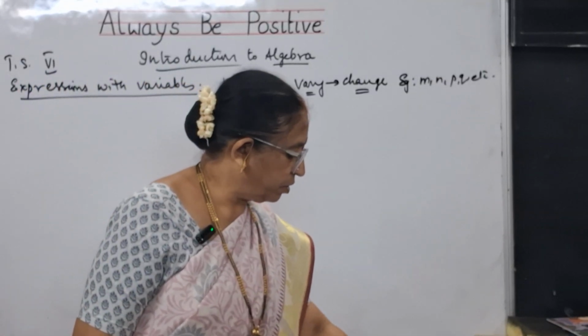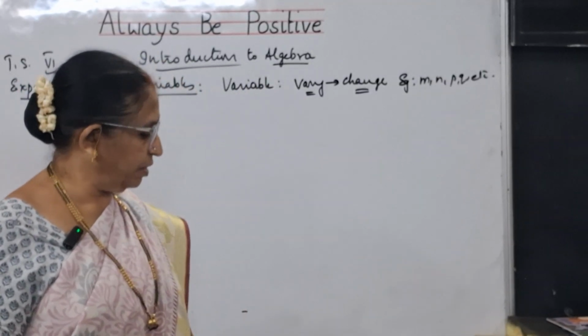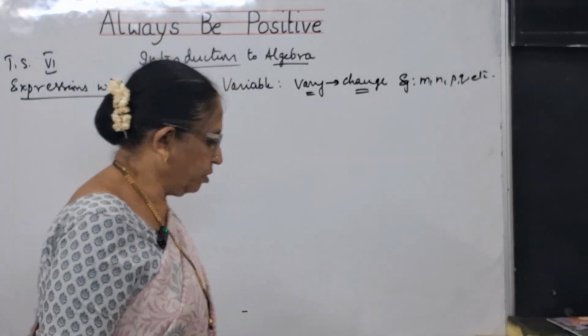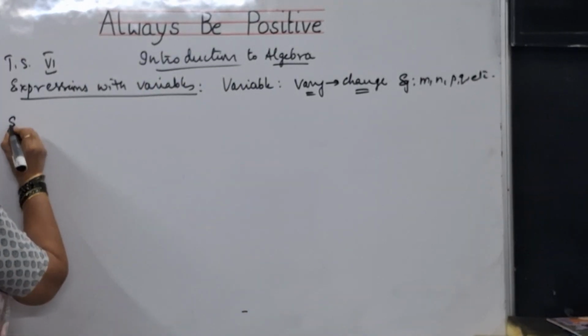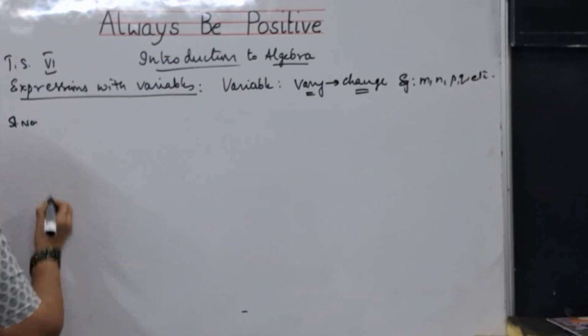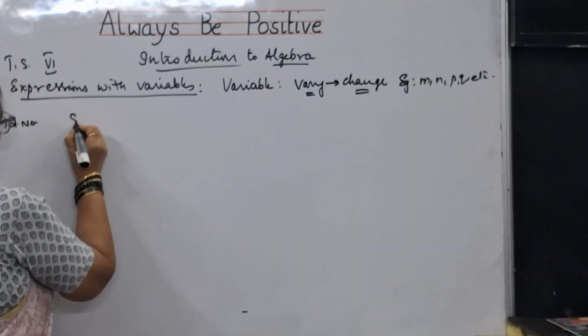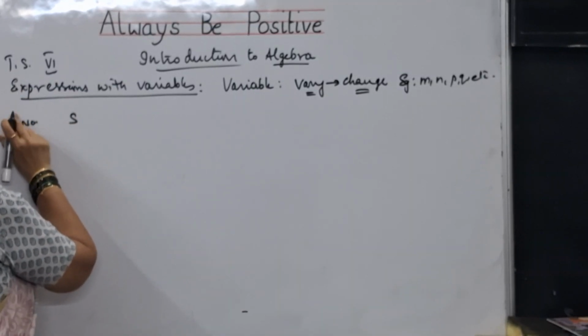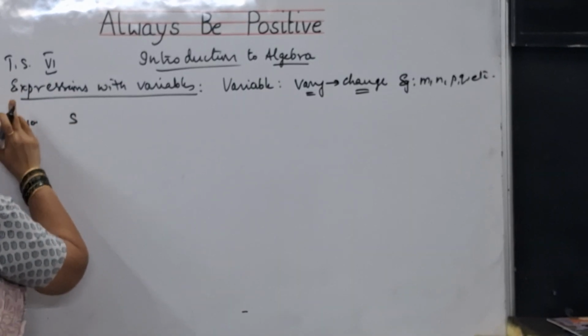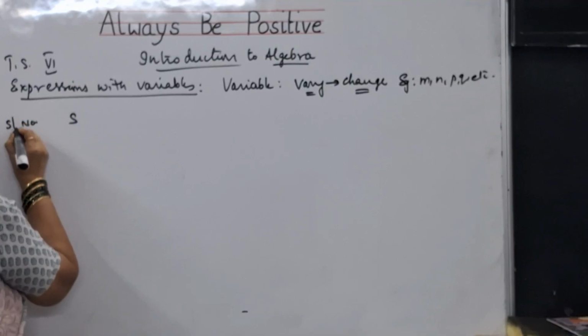Okay. Now you have got a table in your textbook, children. You have got a serial number and situation. This is serial number, SL number.